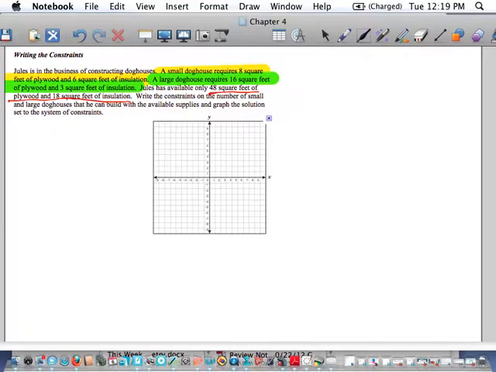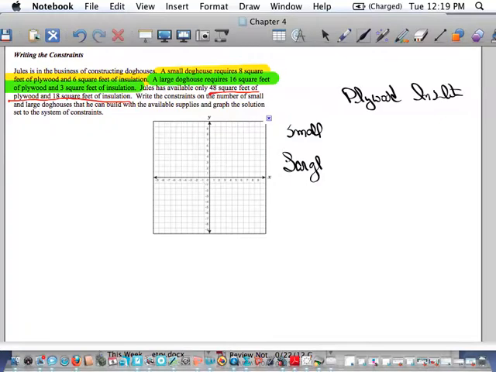So let's look at this. What are the two things he's building? Large dog houses and small dog houses. So let's set up a table. We have small dog houses and we have large. The other thing we have is plywood and insulation.